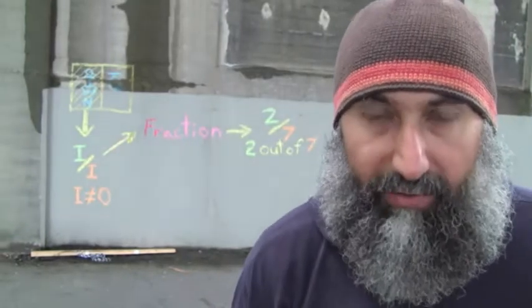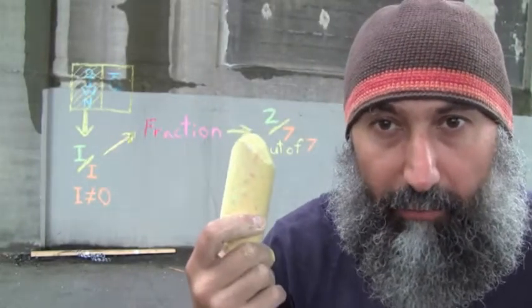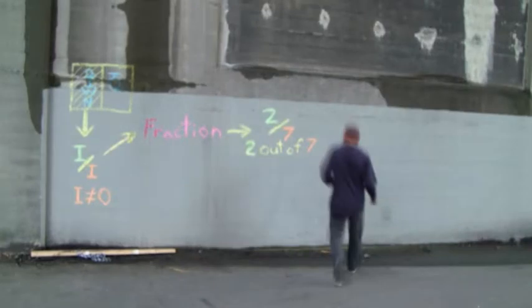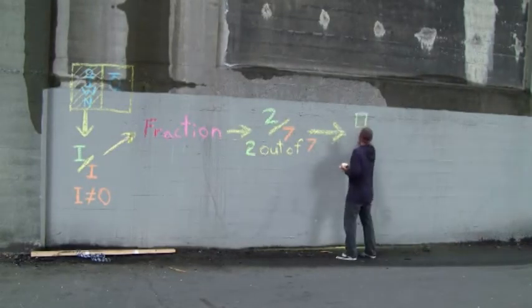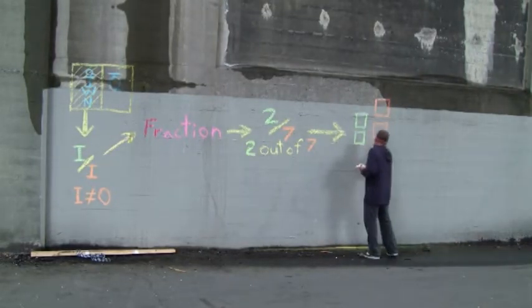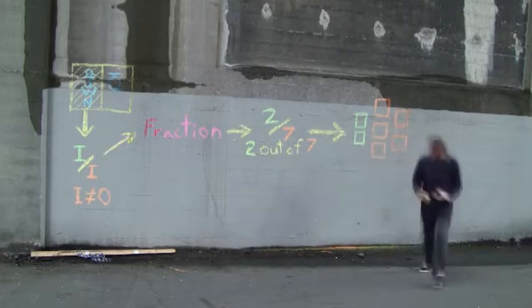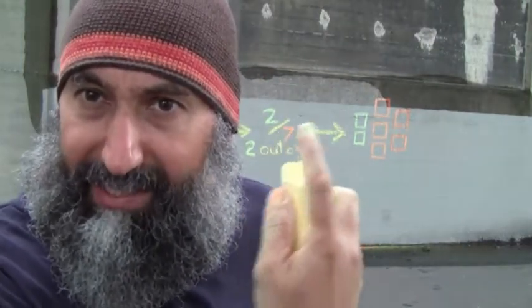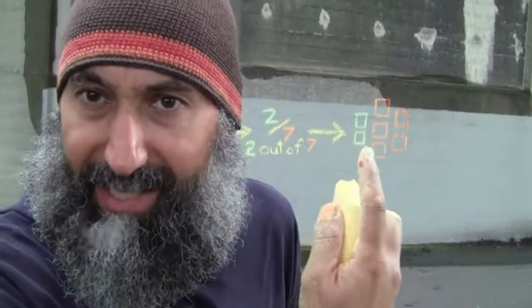So if you had a total of 7 boxes, 2 of them would be green. So when we write 2 out of 7, what we're really doing is saying there's 2 green boxes out of a total of 7 boxes.